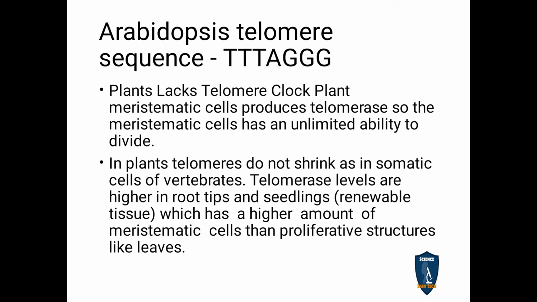So the meristematic cells have an unlimited ability to divide. This TTAGG sequence is lacking in the telomere clock plant. Due to this, the meristematic cells produce telomerase, which gives the unlimited ability to divide.